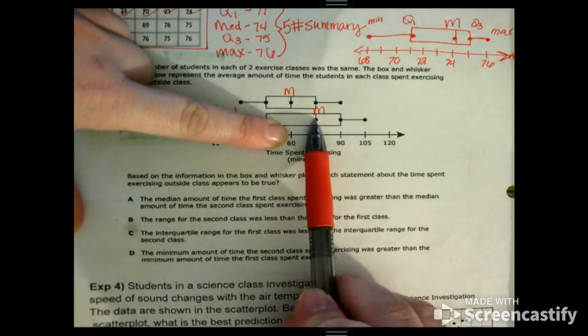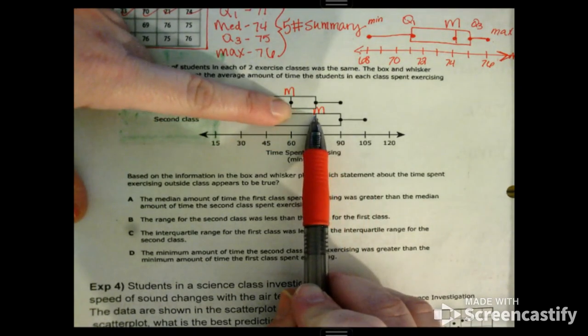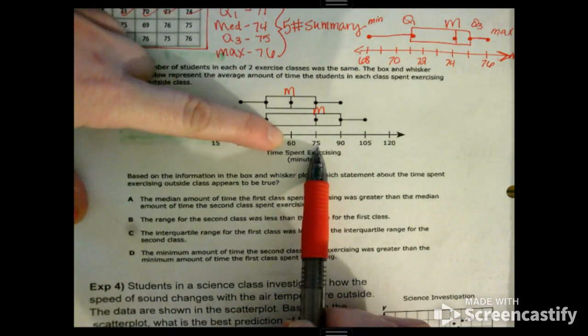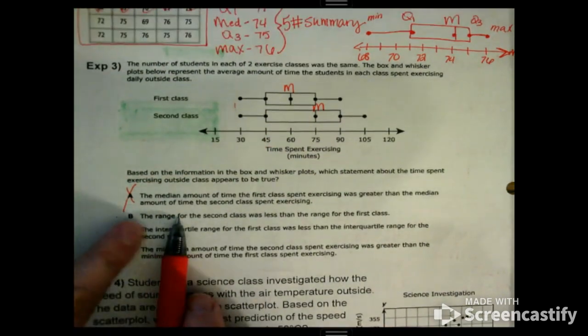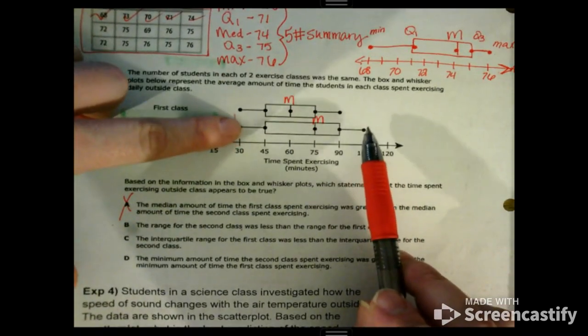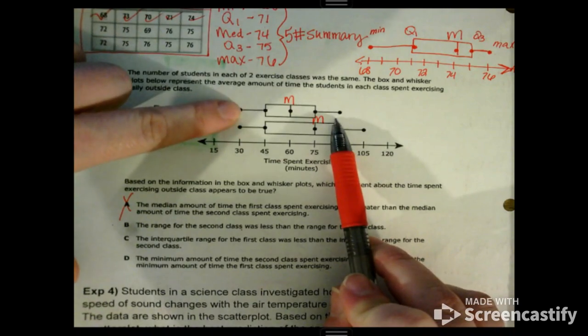Well, the second class was greater than the first, right? 75 is greater than 60. Yes, so that's wrong. The range for the second class was less than the range of the first class. Well, from 105 to 30 is bigger than from 90 to 30, right? They have a bigger range, so that's a no.